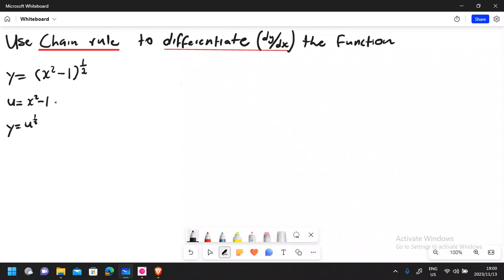Now you have to differentiate both these functions, the inner function and the outer function. Now let's start with the inner function. When you differentiate the inner function, it's going to be du over dx.